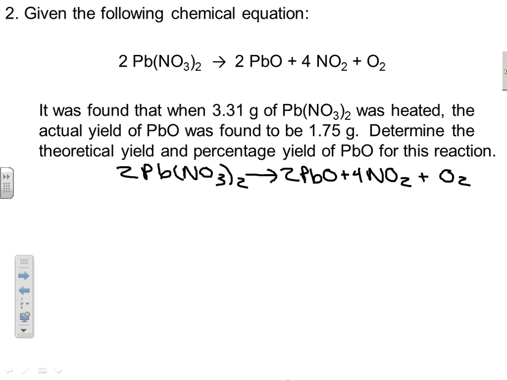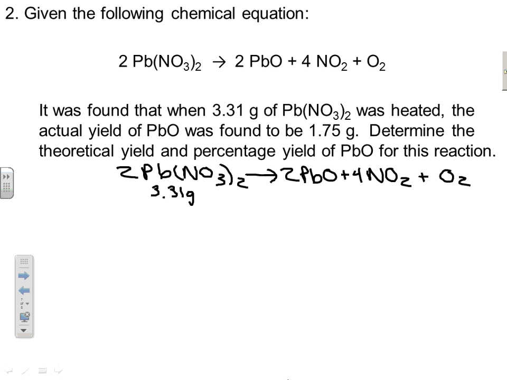It was found that when 3.31 grams of lead-2 nitrate, 3.31 grams, I write down that mass in that position. When it was heated, the actual yield of PbO was found to be 1.75 grams.